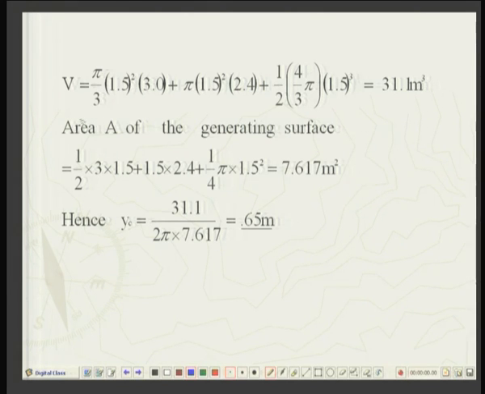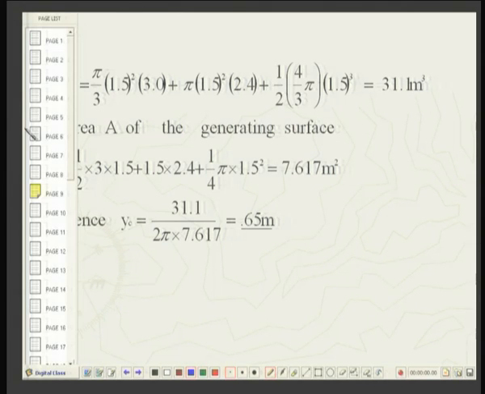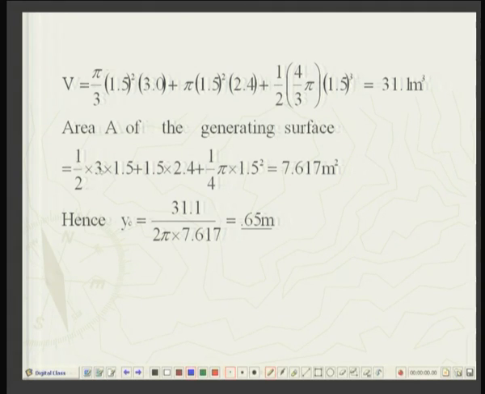The area of the generating surface consists of a triangle, a rectangle and a quadrant of a circle. So it will be 1/2 into base into altitude. Base is 3 meters, altitude is 1.5.